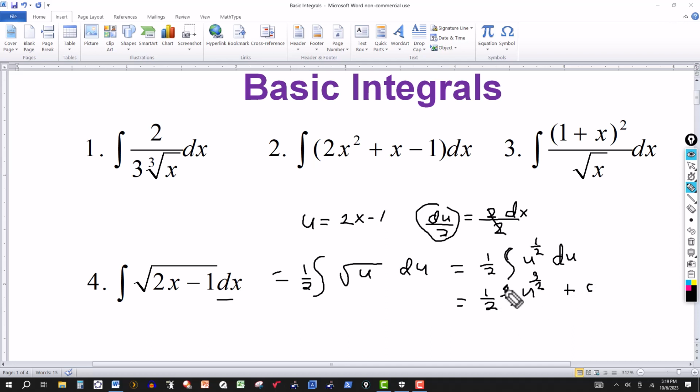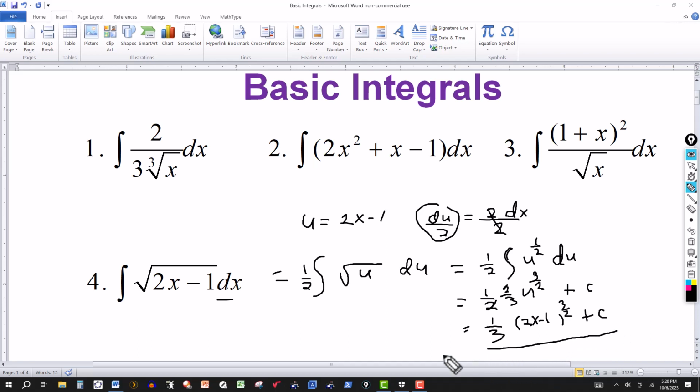Notice the 2 here and the 2 here cancels, and this will be 1/3 then out in front, and then the u, then you go back to the original variable. So u, we set it equal to 2x minus 1, so this will be 2x minus 1, and then the exponent is 3/2. So this then should be your answer.